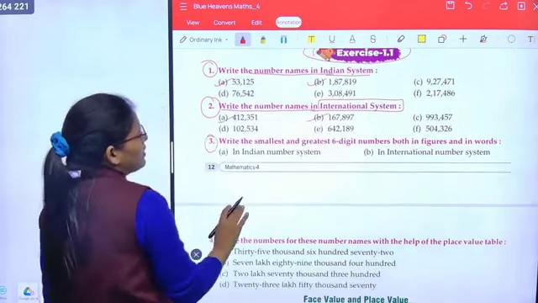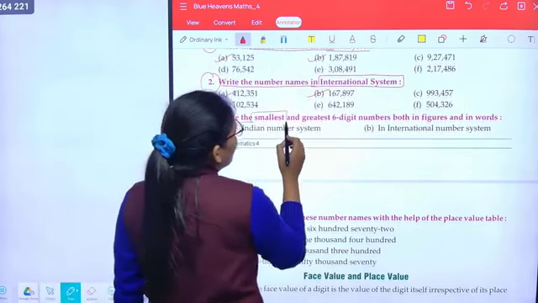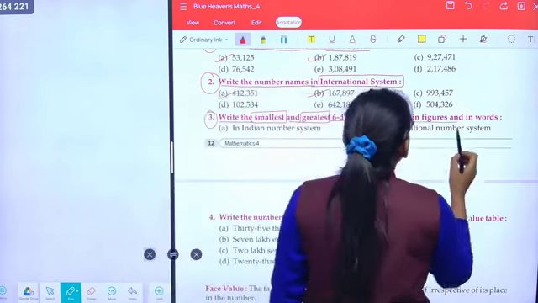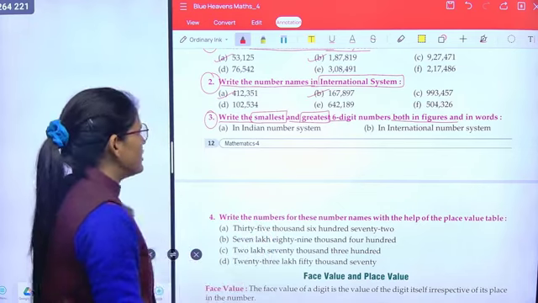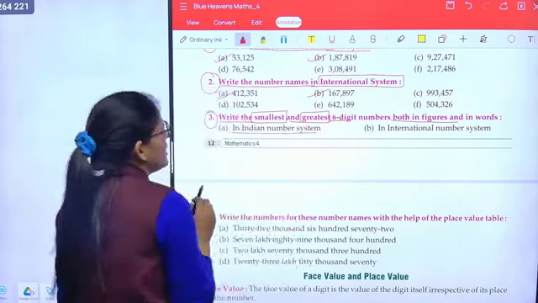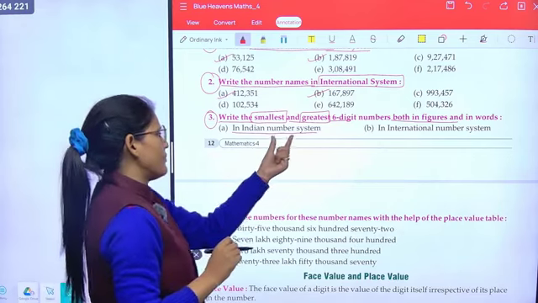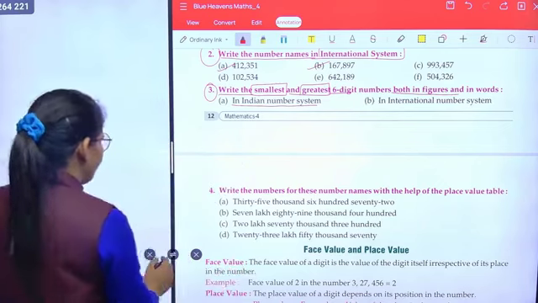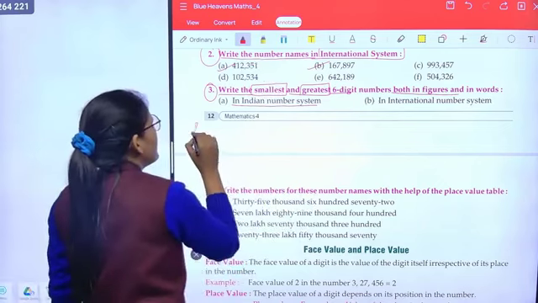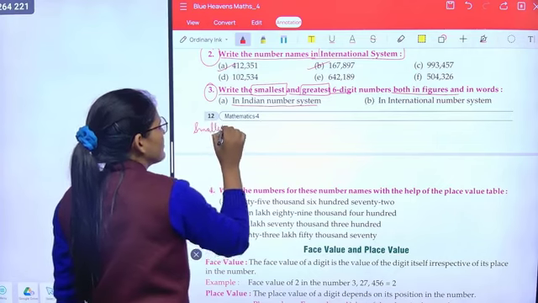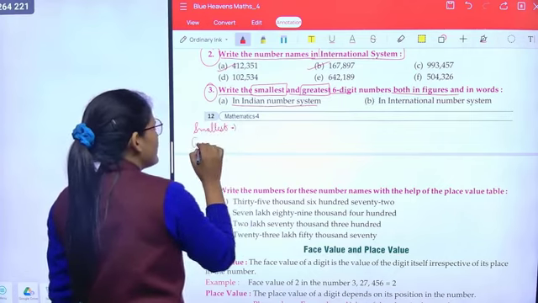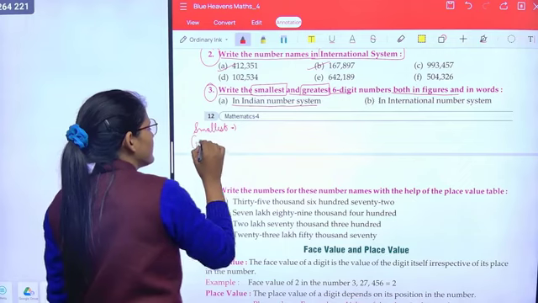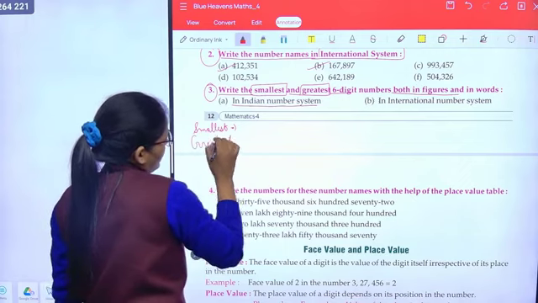Now, question number third. Write the smallest and greatest six-digit number both in figures and in words in Indian system. Firstly, we will write in Indian system. Okay. Now, smallest and greatest six-digit number. Yes, class. Smallest and greatest.